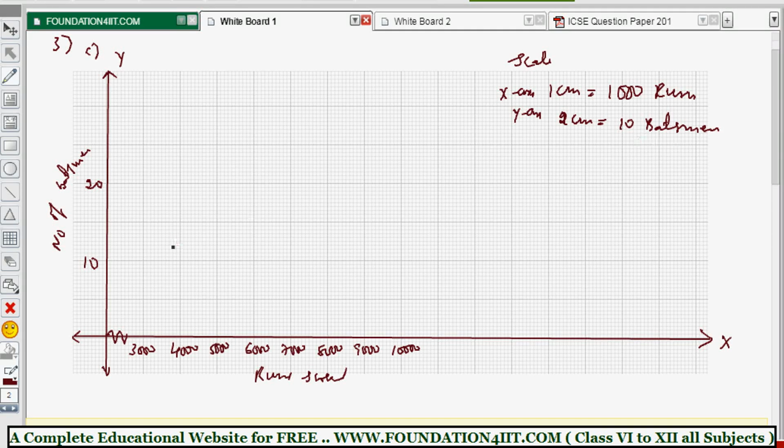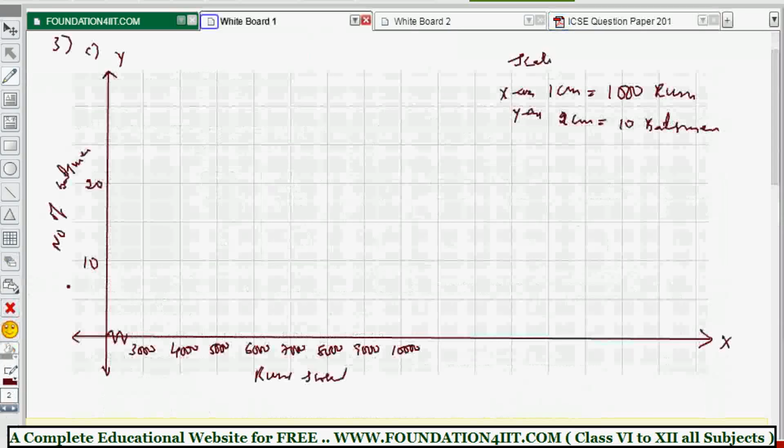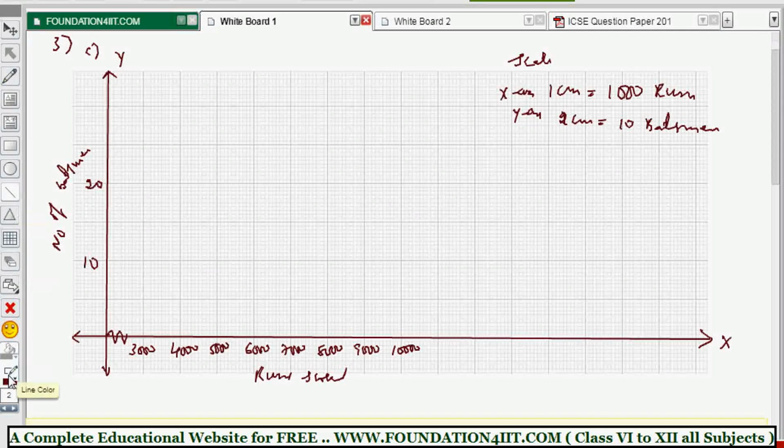So first is the 4. 3000 to 4000 is only 4 batsmen. Till 4 you can take that line. Because 2 millimeters is 1 batsman, you can take it.